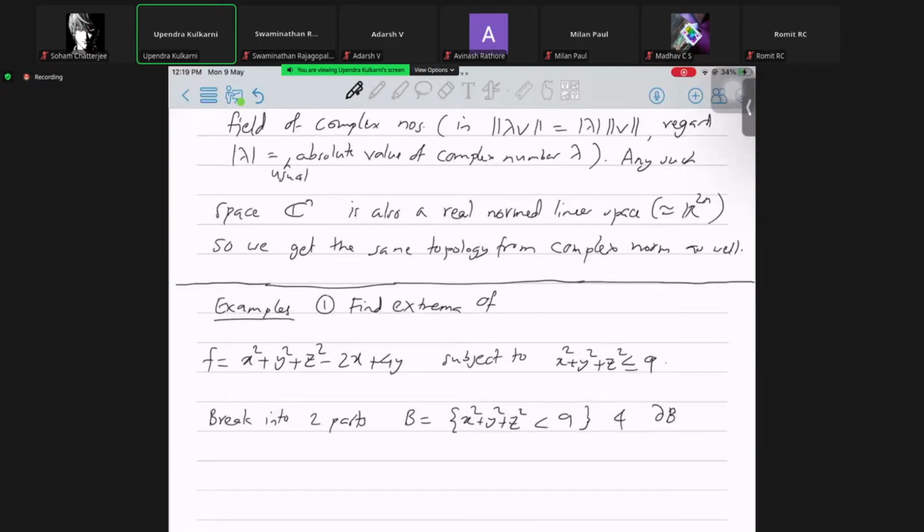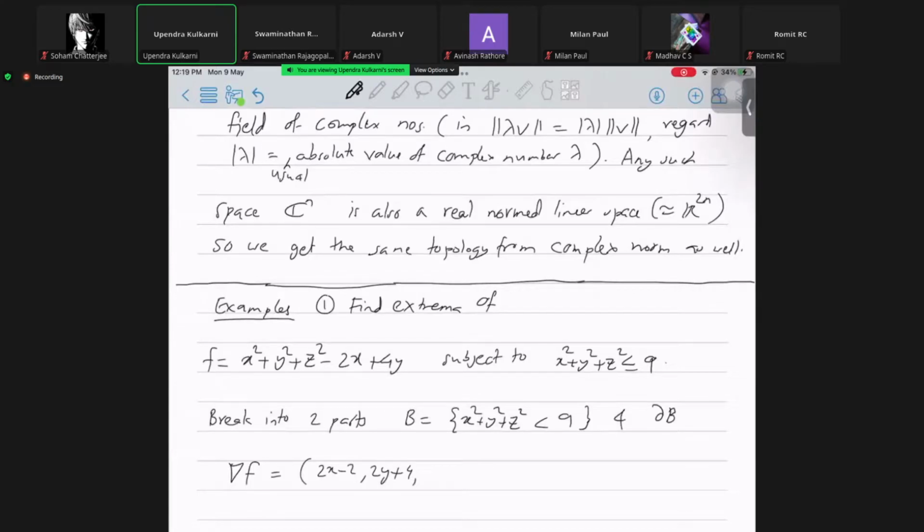Okay, so in this part, what do I get? I do the usual thing. I take the gradient. F prime has to be 0, right? I find critical points, which means the gradient is 0. So what is the gradient? Let me write it as a vector: 2x minus 2, 2y plus 4, 2z.